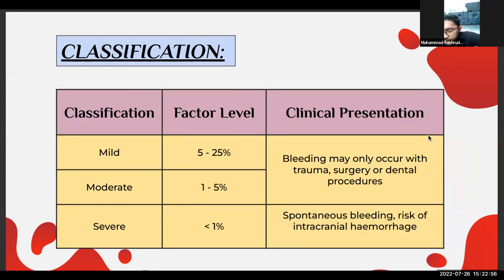Meanwhile, for the moderate hemophilia, the factor level is 1 to 5%, and the clinical presentation for mild and moderate is that bleeding may only occur with trauma, surgery, or dental procedure. And for the severe, the factor level is less than 1%, and the clinical presentation is that bleeding occurs spontaneously, and there is a high risk of intracranial hemorrhage.